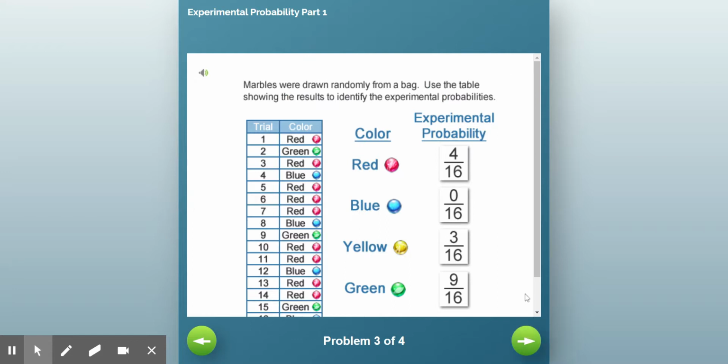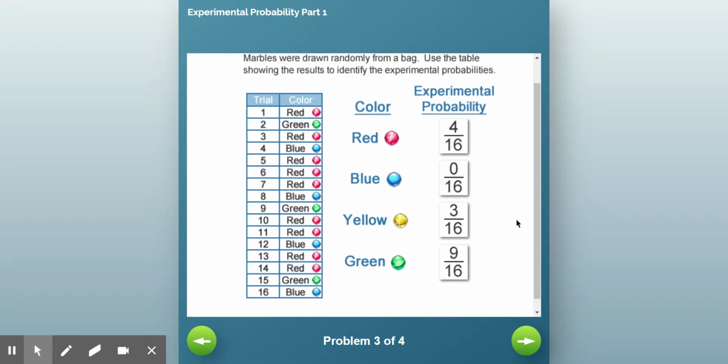All right, now let's look at this. Now I just have a table that shows me all the outcomes, and I am going to have to determine the experimental probability. So I have to count up how many times it occurred, which was 16. It gives me that. And then I want to know the experimental probability of pulling a red marble or a blue marble or a yellow marble or a green marble from the bag. So red, 1, 2, 3, 4, 5, 6, 7, 8, 9 times.